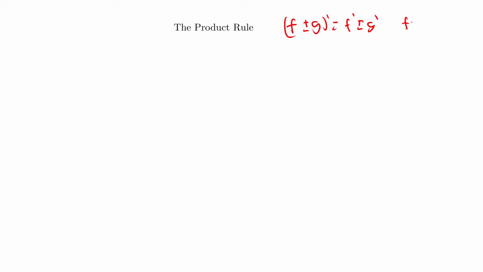That is to say that if I have two functions and I multiply them, I can't simply take the derivative of one and multiply it by the derivative of the other. That doesn't work. Instead, we have to use something known as the product rule, which basically says that if you want to take the derivative of the product of two functions, you differentiate each one of them, and you take one of the functions and multiply it by the derivative of the other, and then you flip them.